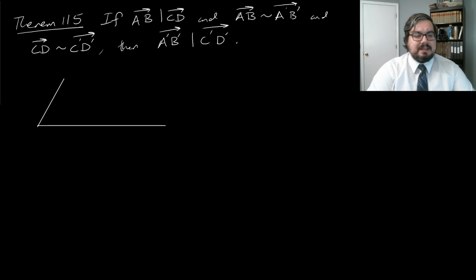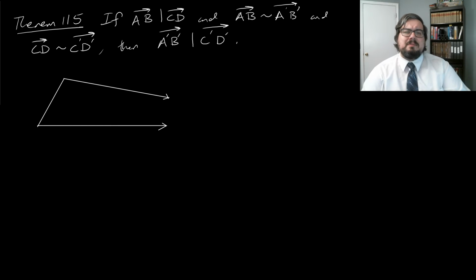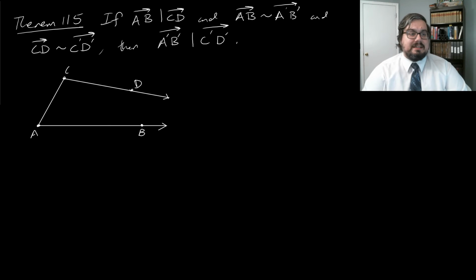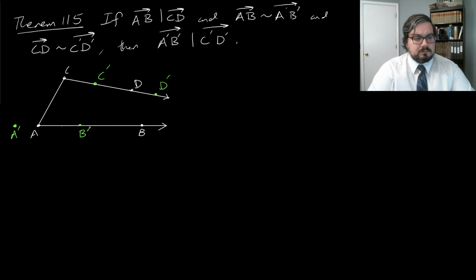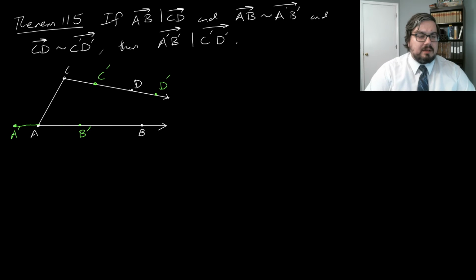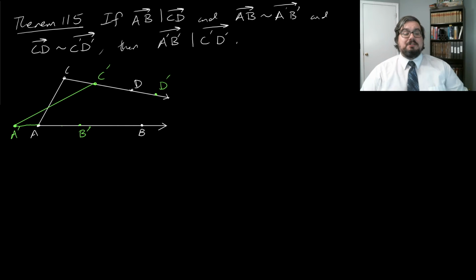So the principle here is that the notion of being critically parallel doesn't depend on where you start the ray. If we start with two rays that are critically parallel, like AB and CD here, and then we decide to take any equivalent rays, such as the C prime D prime here, or maybe an A prime B prime like this, all we've done basically is change where the rays have started.